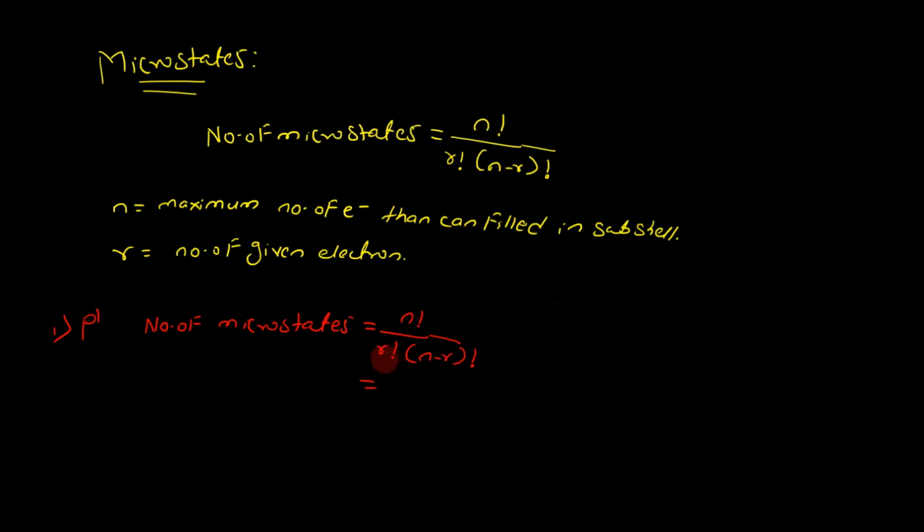So in P, the maximum electrons that can be filled is 6. So we write 6 factorial, and r is the given number of electrons, so that is 1 electron, given in P1.